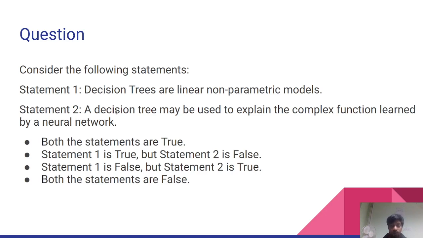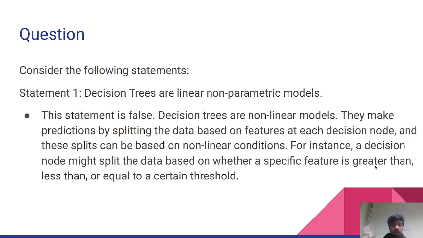Okay, so basically, let's go statement by statement. At first, the first statement, decision trees are non-parametric models. So this is not really correct, because in the decision tree, we can map a very complex function.